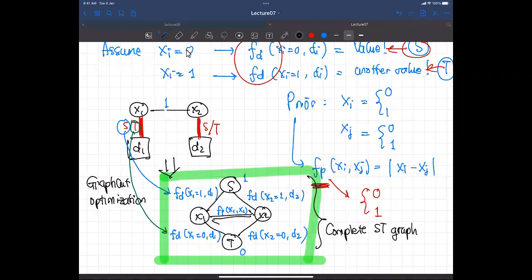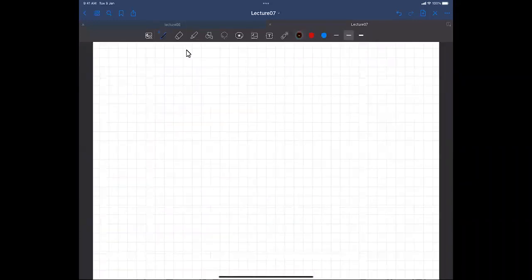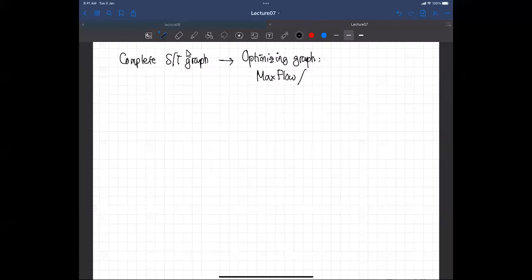No? All right. So once we have this complete ST graph, what can we do? What we do is optimize this. The optimization is called graph cut, or max flow min cut. So once you have a complete ST graph, you optimize the graph using the max flow min cut algorithm.